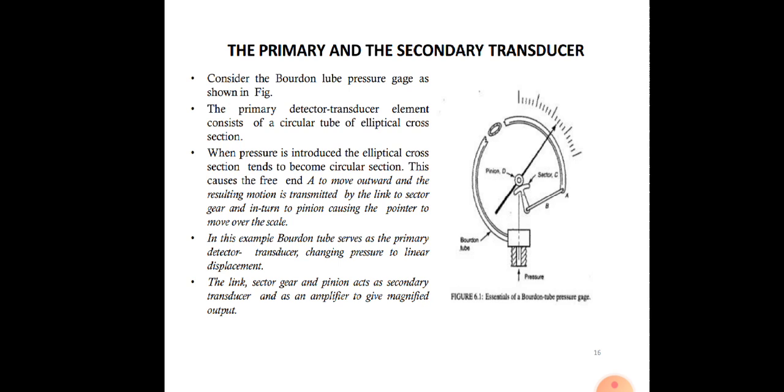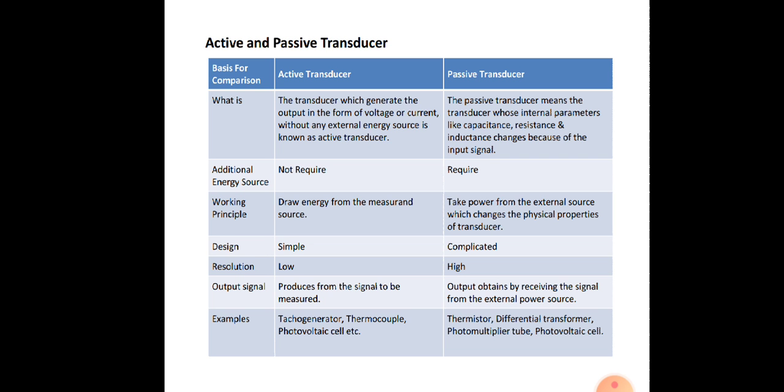That is, the link B is the receiving stage for the secondary transducer. This is how you can explain primary and secondary transducers by giving the example of the Bourdon tube pressure gauge. And there are some more transducers, like active transducers and passive transducers.